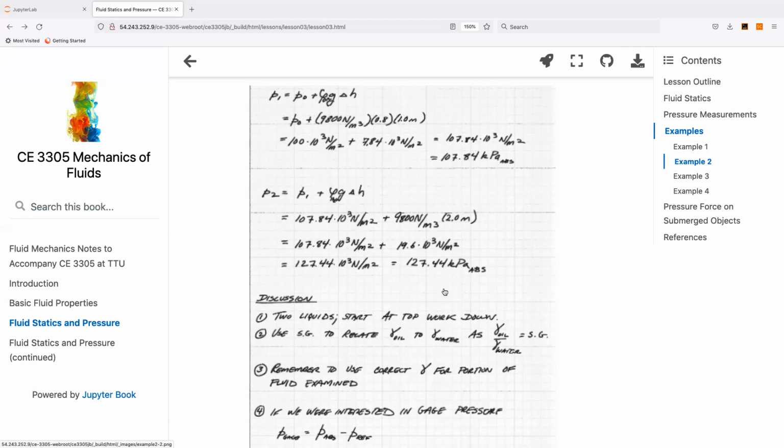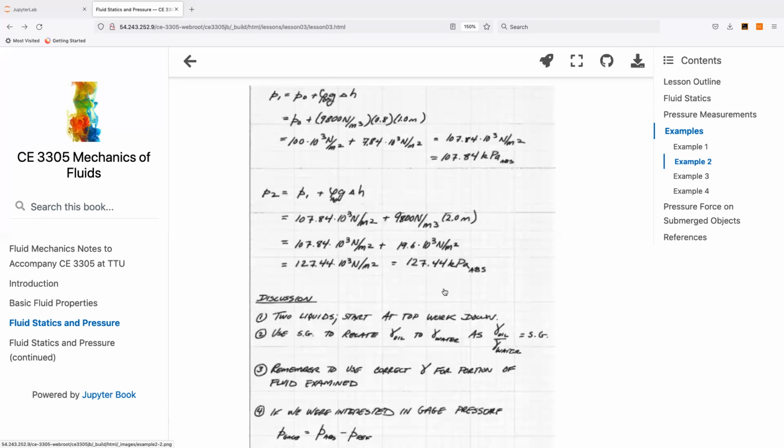So what we had here was 2 liquids that start at the top and work down. We used specific gravity to relate the specific weight of oil to water. Because I did this by hand, I didn't do that calculation until I was absolutely forced to.